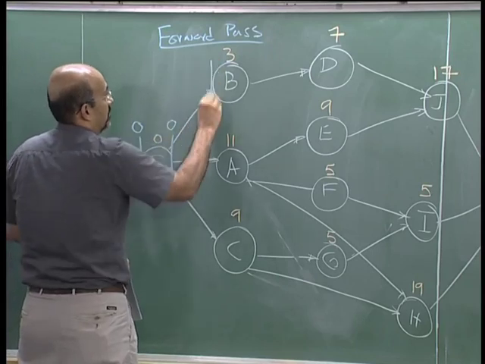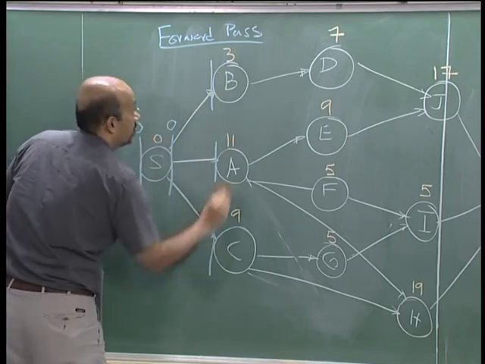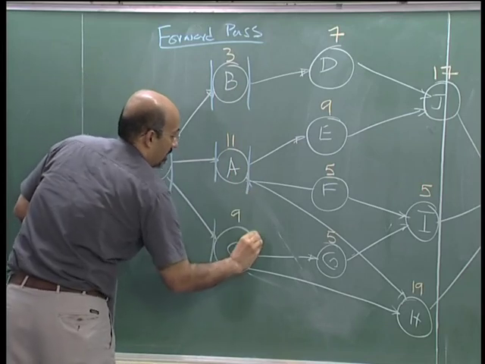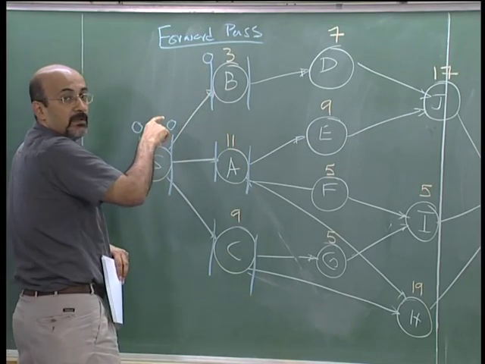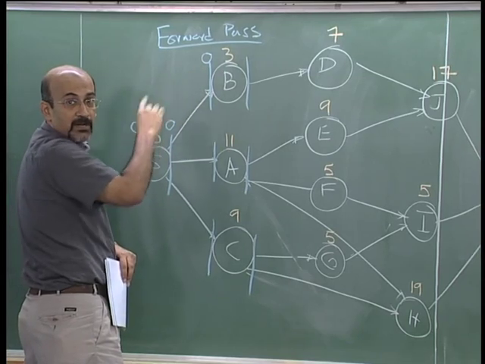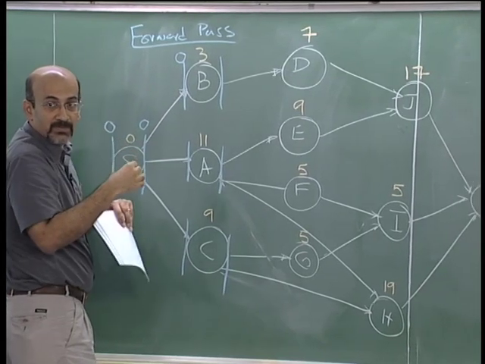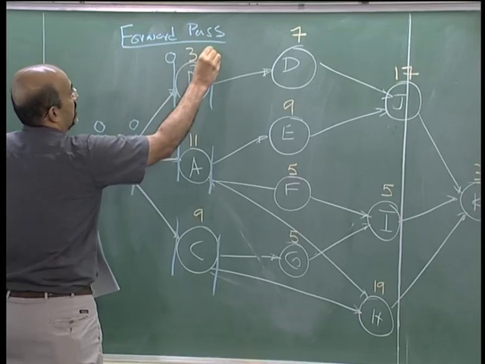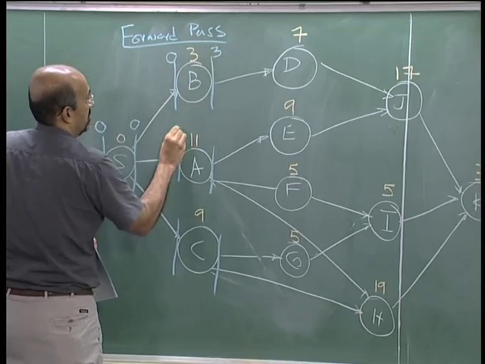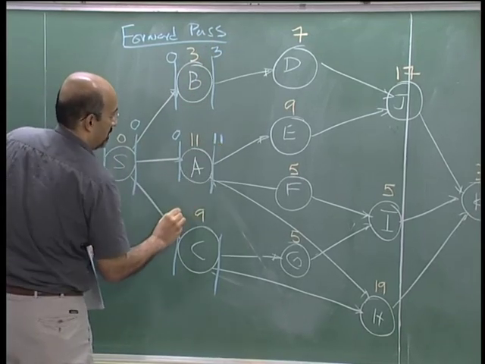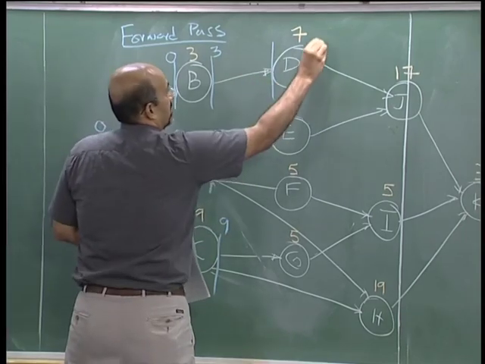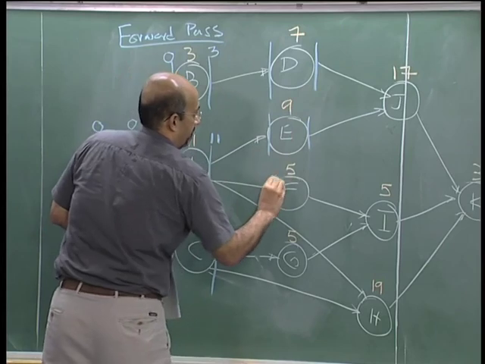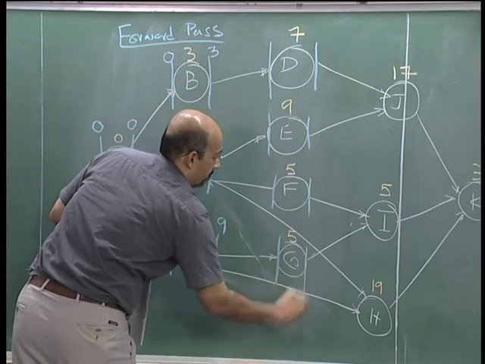Now we go to the successors, and remember the 0 here and the 0 here are different points of time, but one is finishing, the other starting. So here we have 0, 3, 0, 11, 0, 9. Move on to the next one.